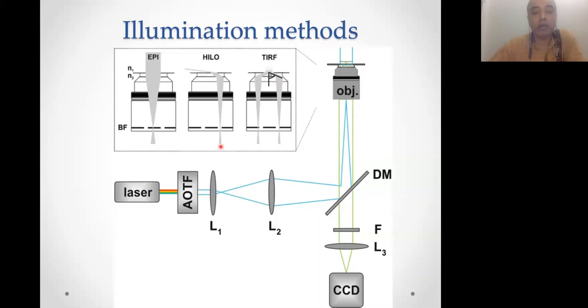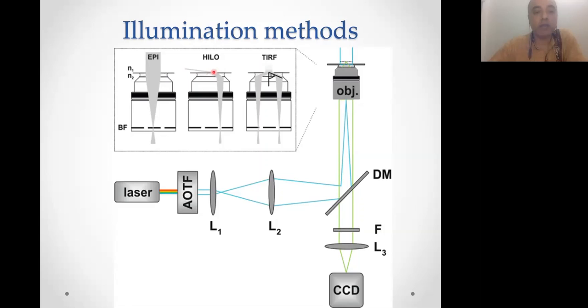And you can also reduce the amount of NA that is being thrown at this by cutting down the beam that is coming in. If you do that, the part which is illuminated can be made extremely small. So what is happening is a small pencil of beam is coming out at a very inclined angle.